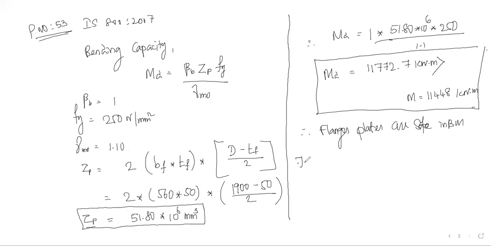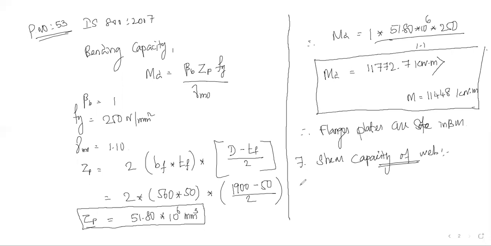Next one is step 7, shear capacity of web. We already assumed that flanges are going to take the bending moment and the web is going to take care of shear. So let us move on to the formula.